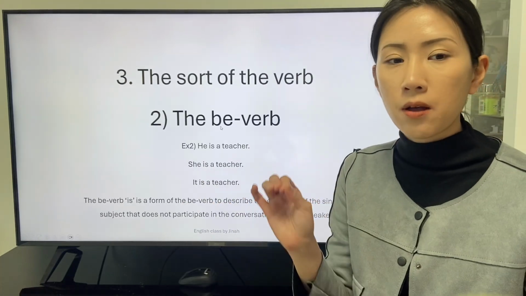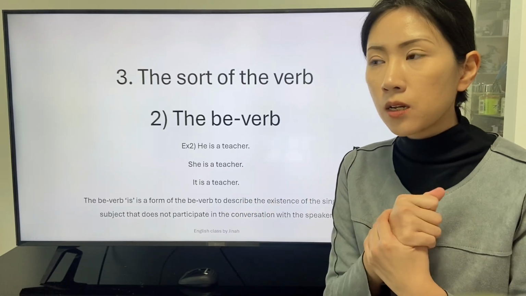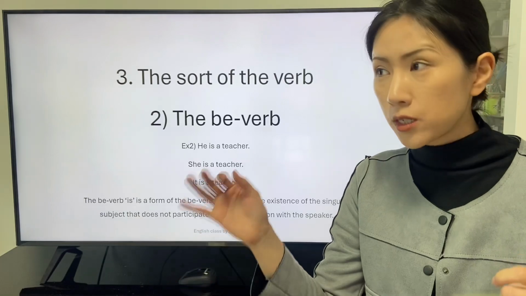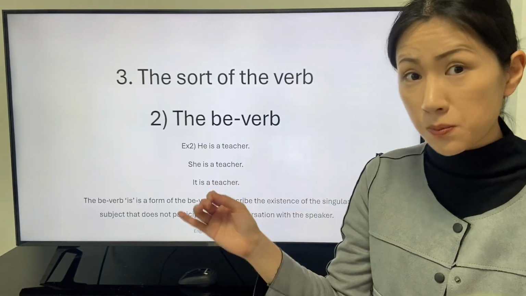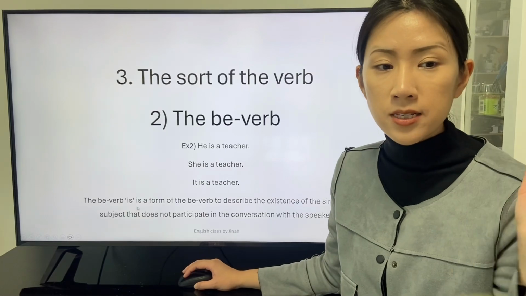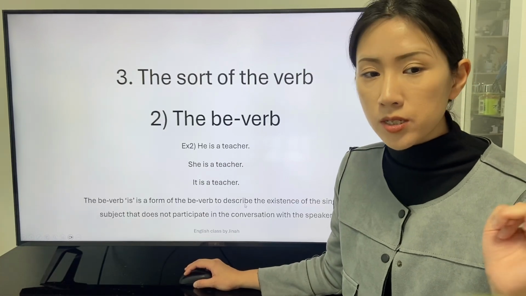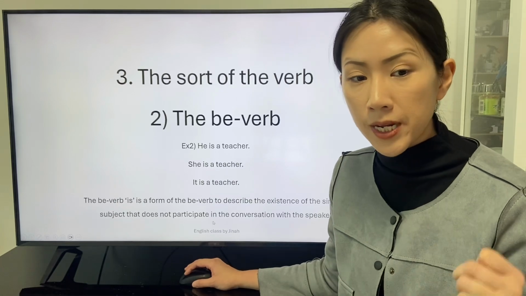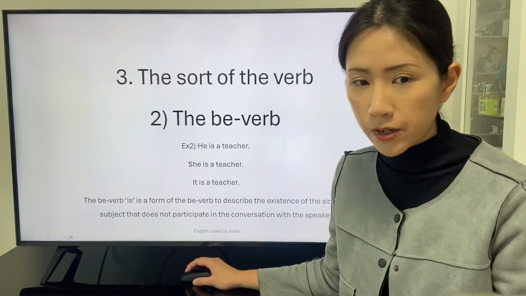The form of the Be-verb is describes the singular subject that is not a participant in the conversation with the speaker. The Be-verb is a form of the Be-verb to describe the existence of the singular subject that does not participate in the conversation with the speaker.